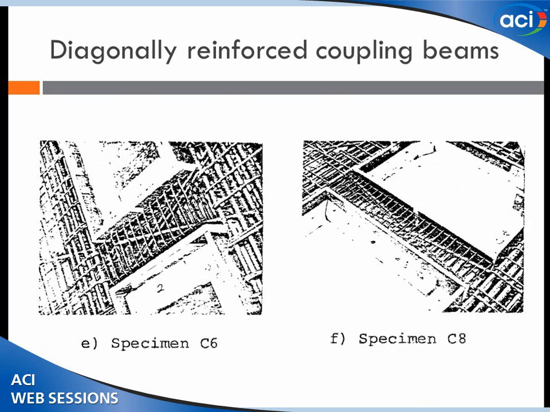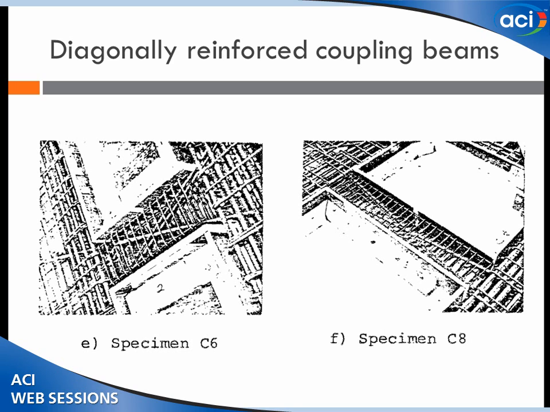The Barney paper is a very interesting one to me for a few reasons. It looks at conventionally reinforced coupling beams and diagonally reinforced coupling beams. Now, Gene wasn't the first one to think of the diagonal reinforcement. I think Tom Paulay is, to my understanding, the one who originated the idea of using diagonal reinforcement in these coupling beams.